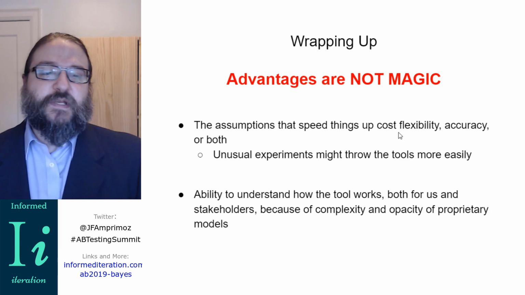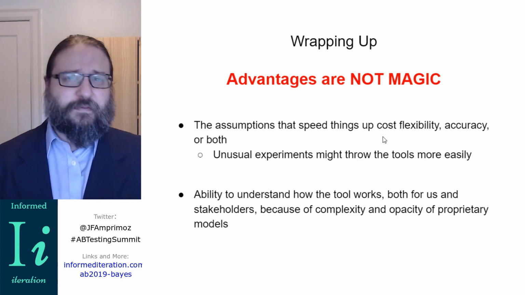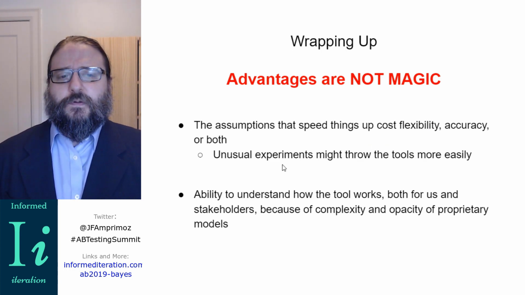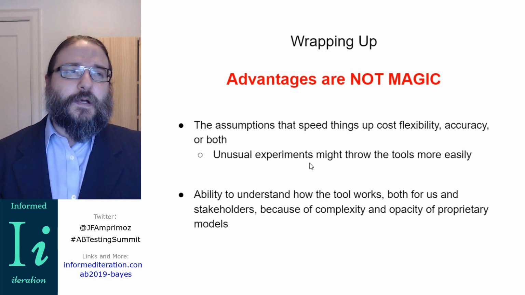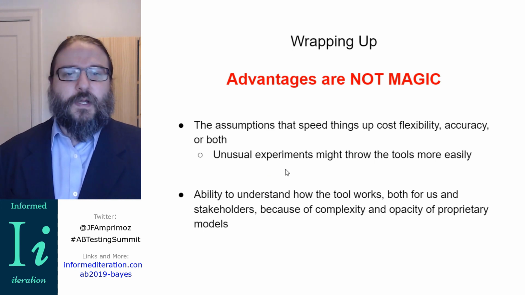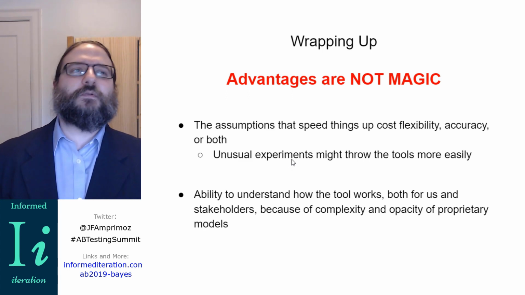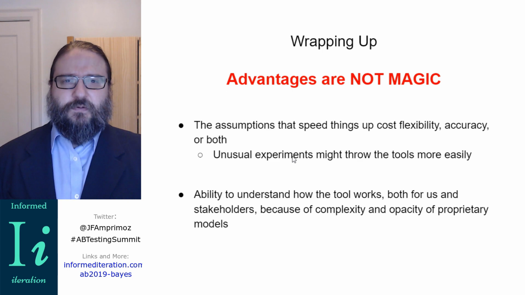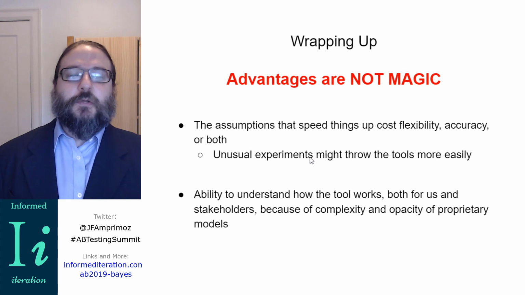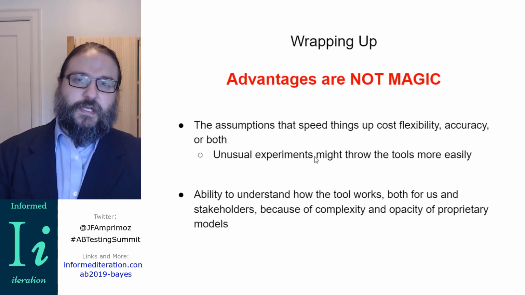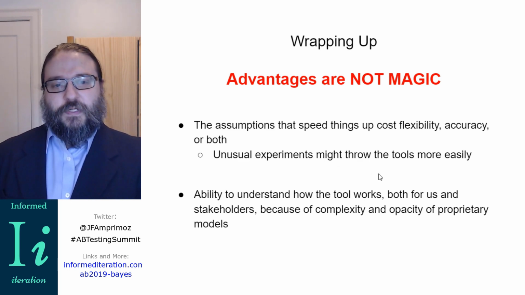The assumptions that speed things up can cost flexibility, accuracy, or both. Unusual experiments might throw the tools more easily. So if you're testing something that's got a really high conversion rate, you might want to ask your vendor rep, is there something I should know about running this kind of, like 80% conversion rate test, or any tips, or if you've got very weird data coming out of something. There's an argument that these tests, because of the assumptions they've made, if those assumptions aren't right in that particular case, might get thrown off more easily.